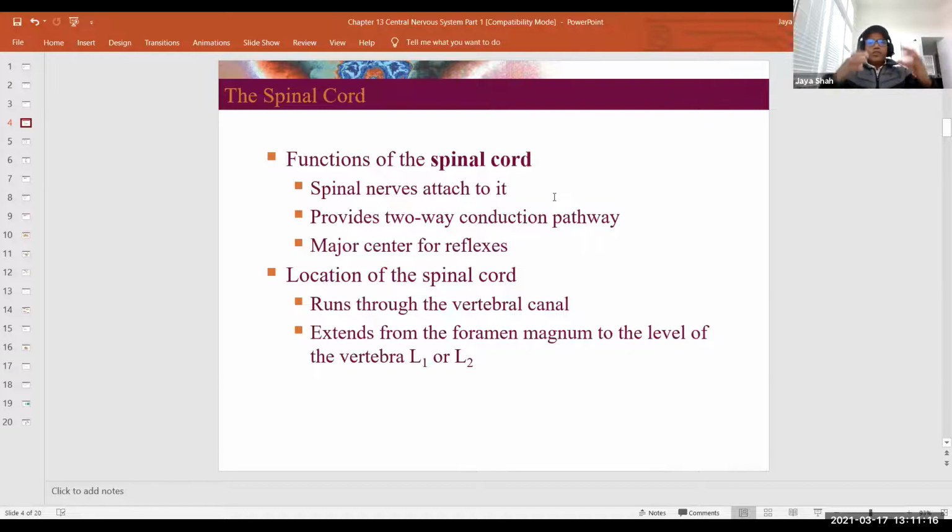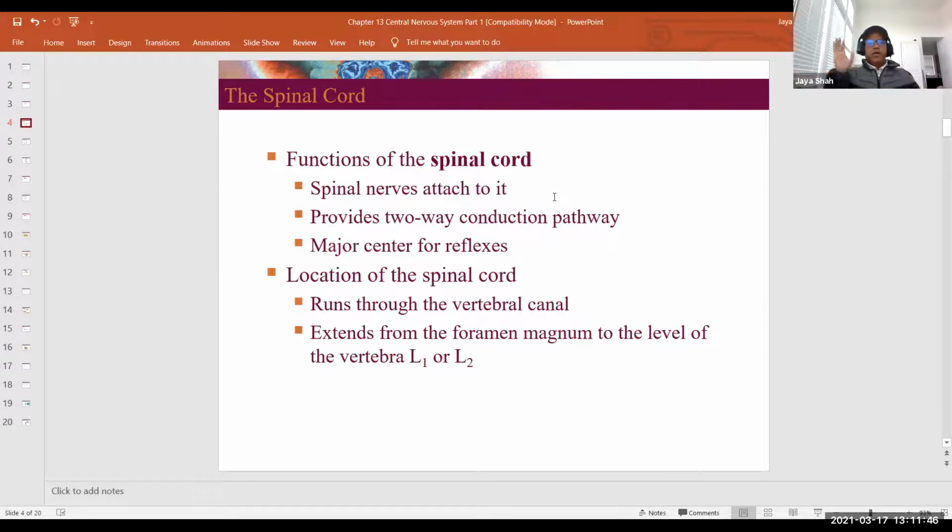Okay, so the spinal cord and brain is basically the association, command center of the nervous system, integration of the nervous system, decision-making area of the nervous system. That's why they contain most of the neuron cell bodies. And the peripheral nervous system, usually 90% of the time, contains only axons and dendrites.